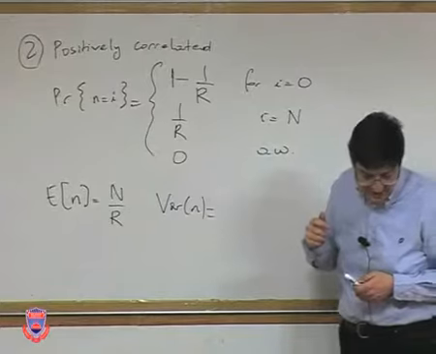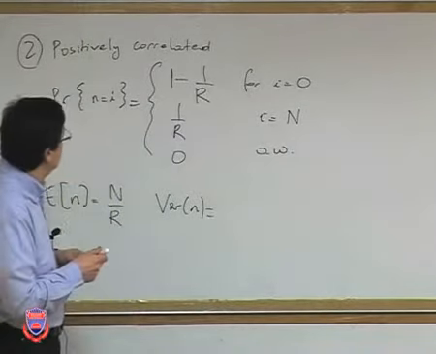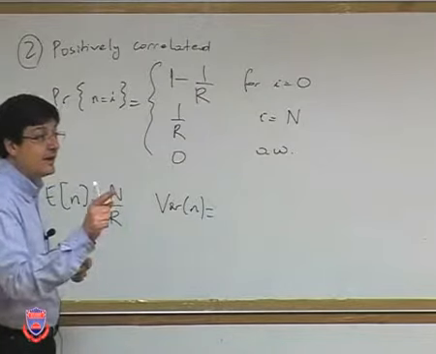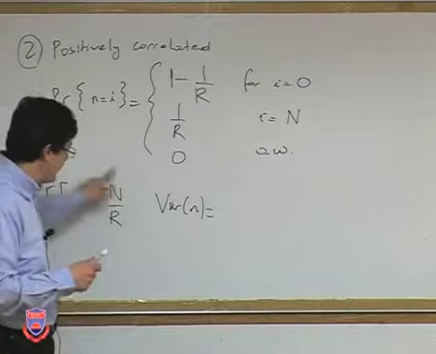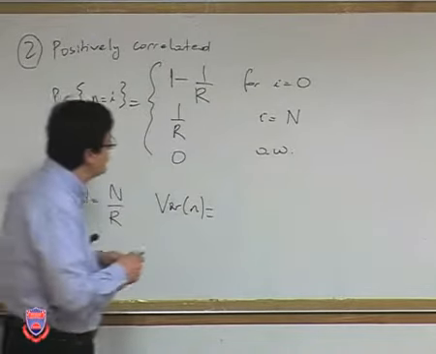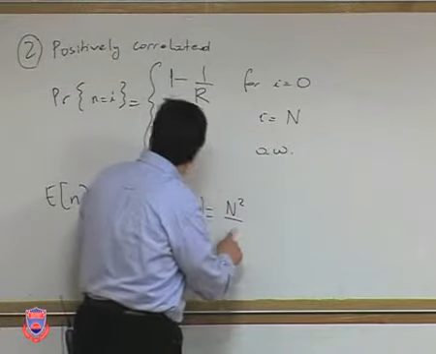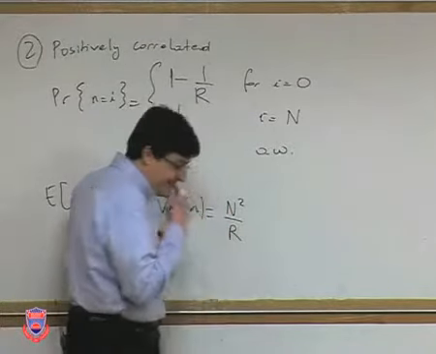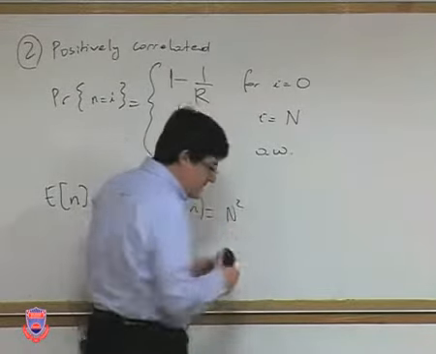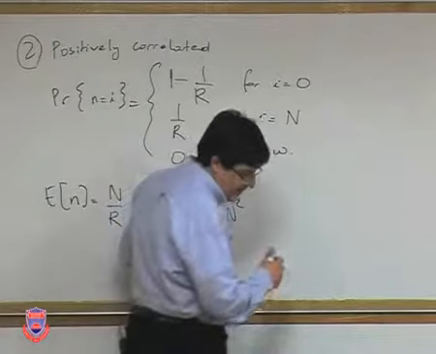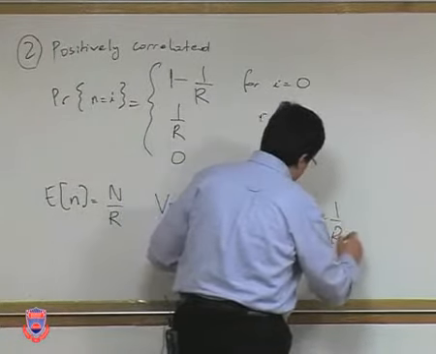So in this case, the variance of n will be the x squared, and then we're going to have this one minus, actually. So if you do that, this is going to be n squared, and then we will have 1 over r, 1 over 1 minus r.